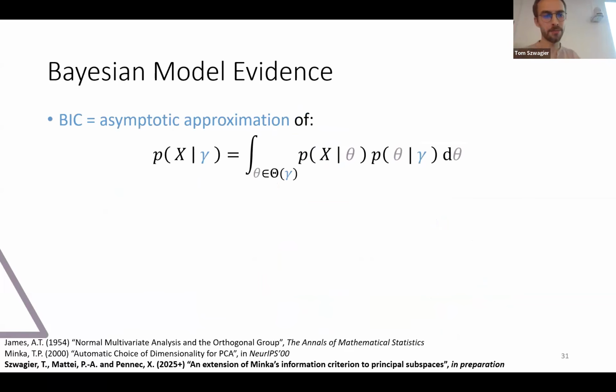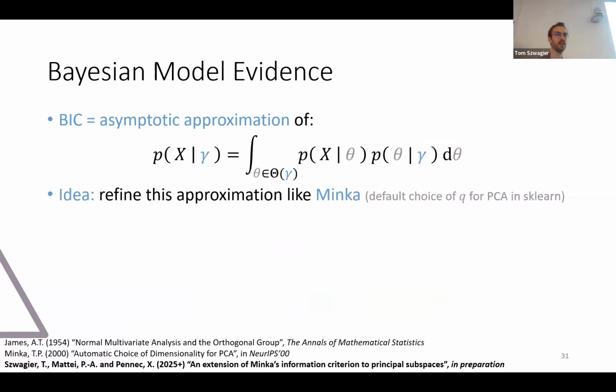Okay. And the third heuristic: up until now, most of our results have been based on the Bayesian information criterion, which is actually an asymptotic approximation of a very important quantity in Bayesian statistics, the Bayesian model evidence, or the marginal likelihood. It's a very complicated integral, which is why the BIC makes a lot of approximations to it.